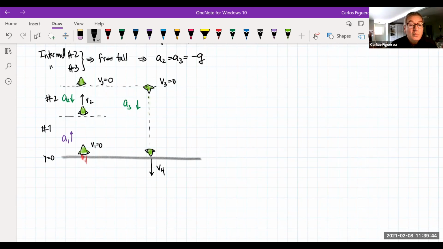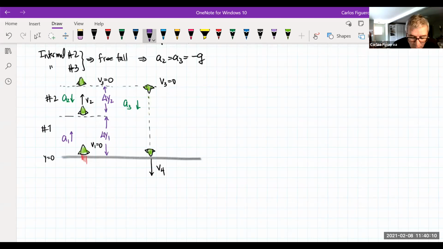So what do I know about this thing? They're asking what is the maximum altitude. So when I look at the maximum altitude, what I really mean here is that the distance between here and here, I'm going to call delta y1. The distance between here and here, I'm going to call delta y2.